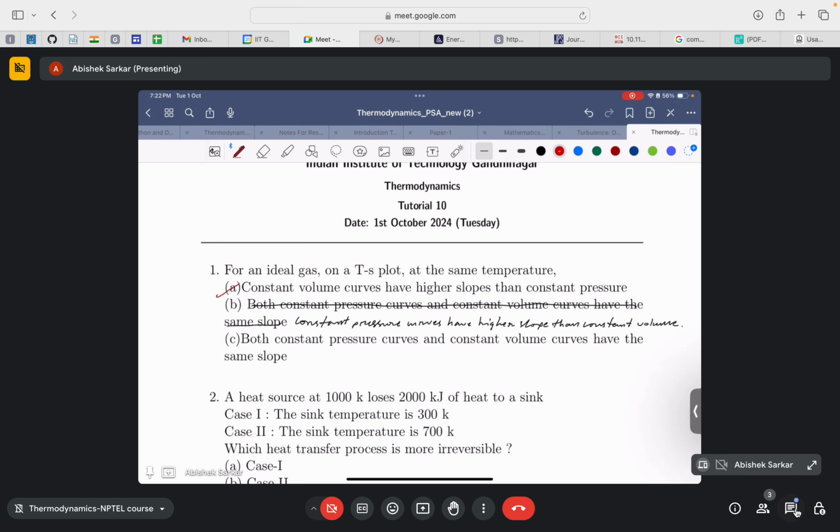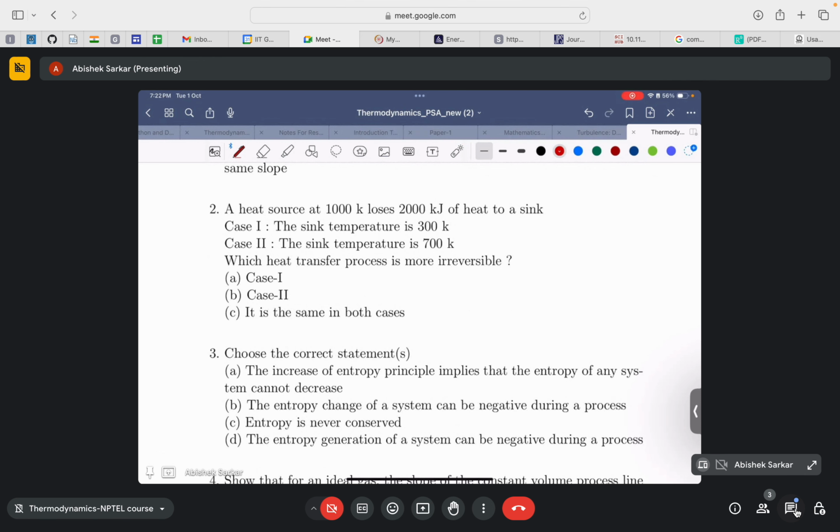A heat source at 1000 Kelvin loses 2000 kilojoules of heat to a sink. In case 1 the sink temperature is at 300 Kelvin, and in case 2 the sink temperature is at 700 Kelvin.